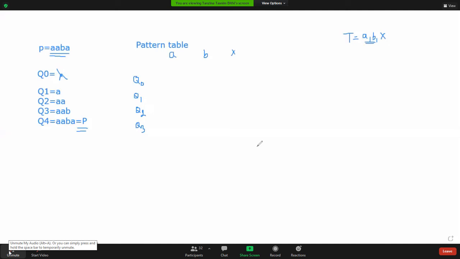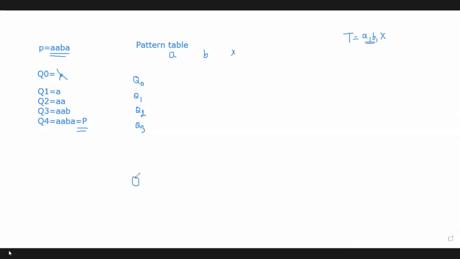Okay. Or I can draw the graph also, so it will be more clear to you. This is our pattern graph, and we have a total of 5 states: Q0, Q1, Q2, Q3, and Q4.